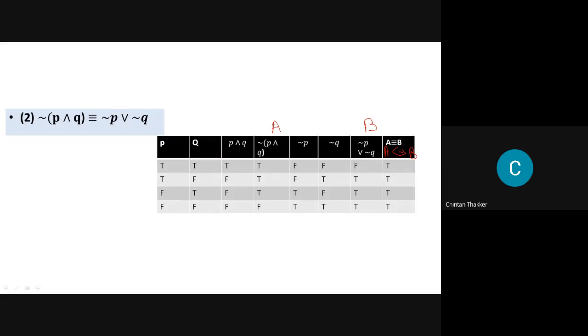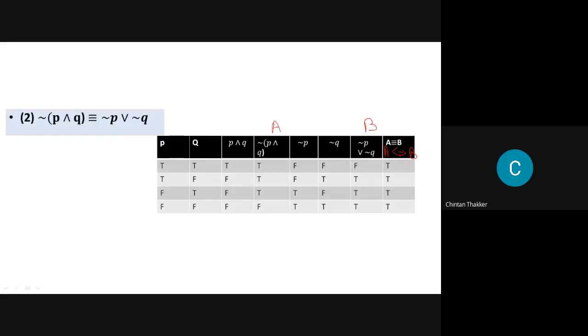So A is equivalent to B. This proves the theorem. In this theorem, you just have to make the table, and at the end write that the statement is a tautology, so A is equivalent to B.